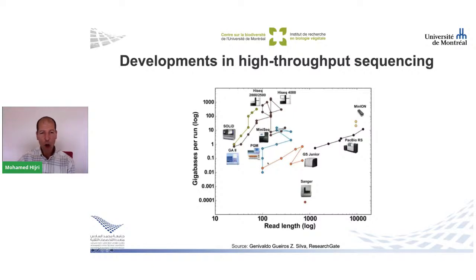Each platform, of course, evolves over time by increasing the amount of sequences but also improving the sequence length. We have new technologies that are really going for long reads, which are mainly used to improve genome assembly.